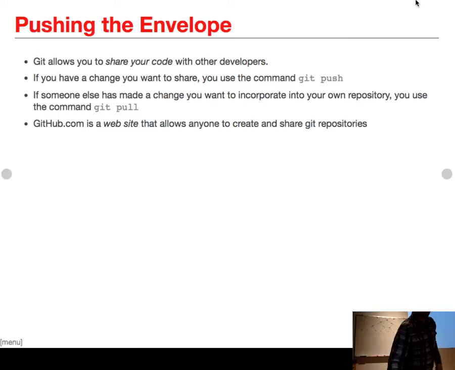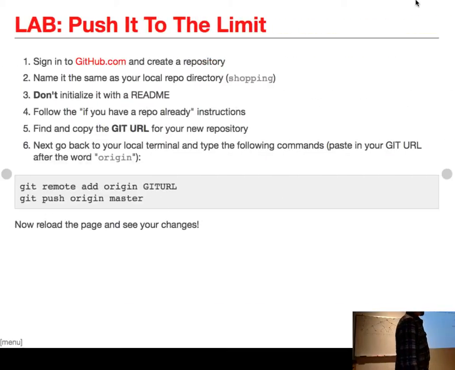So we're going to do that now. Let's run this lab. So now you're going to need to use GitHub. If you don't have GitHub open yet, open it in a browser and sign in. Okay. And once you have signed in with GitHub, what you're going to need to do is create a repository in GitHub.